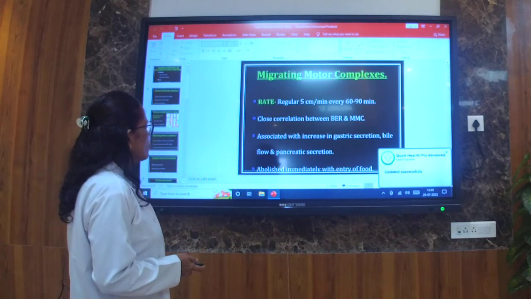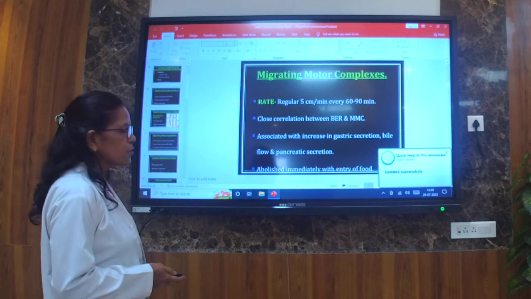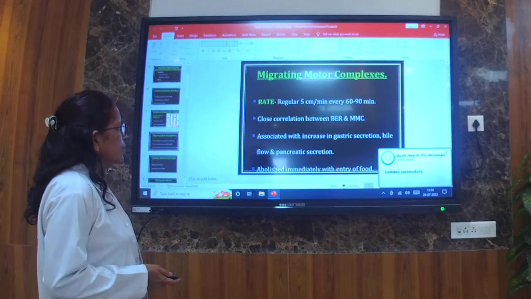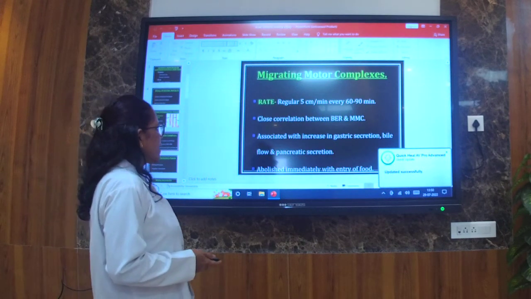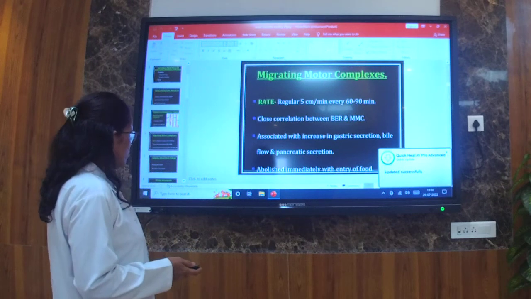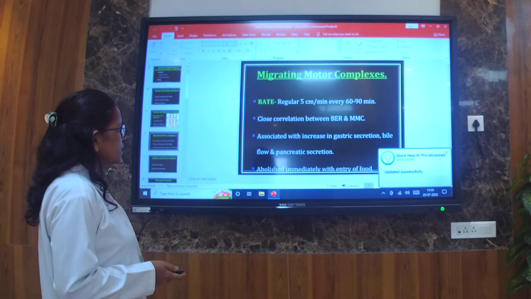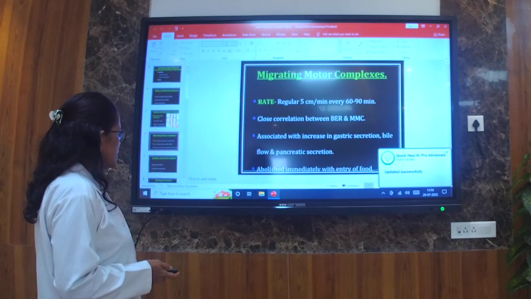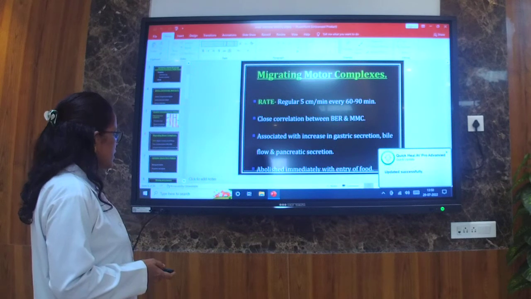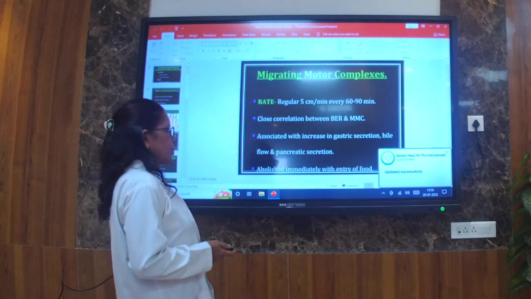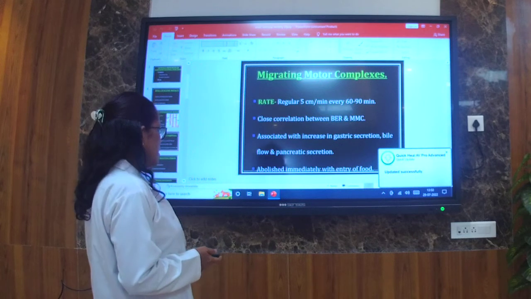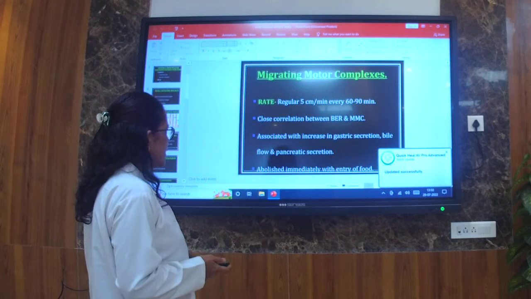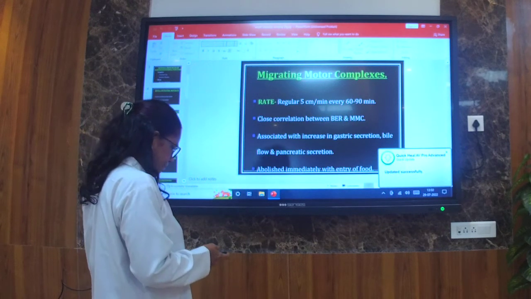It has a close correlation between the basic electrical rhythm and the migrating motor complex, and is associated with an increase in gastric secretion, bile flow and pancreatic secretion. It is abolished immediately with the entry of food.